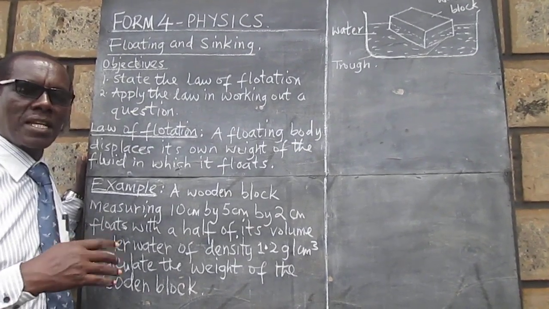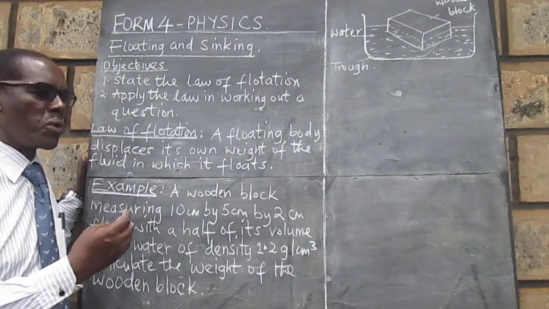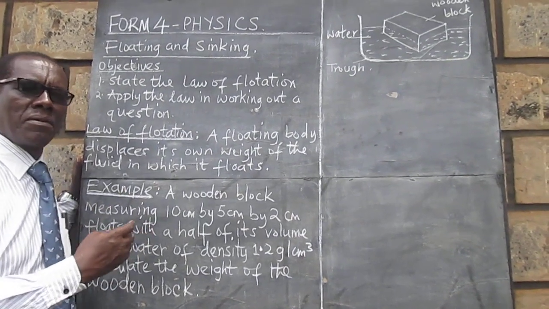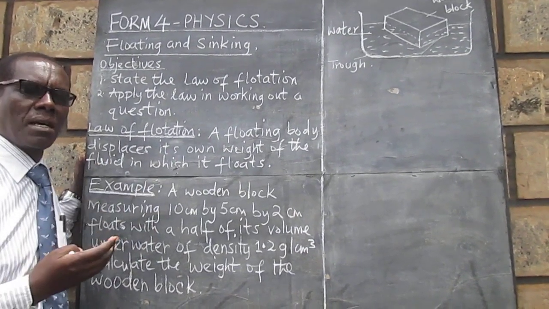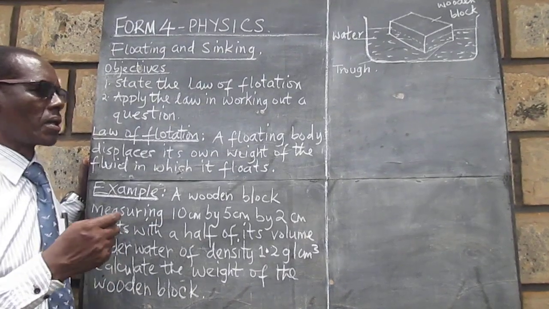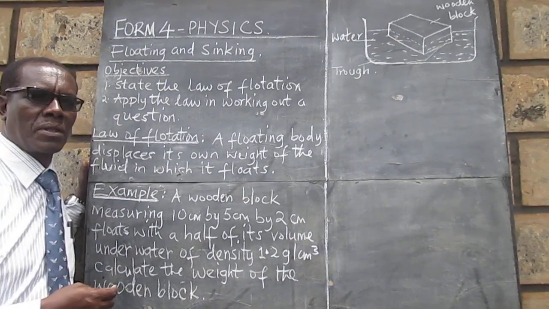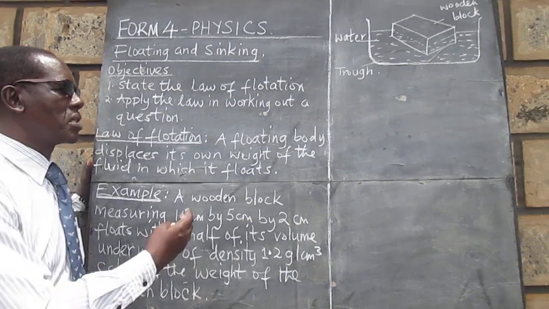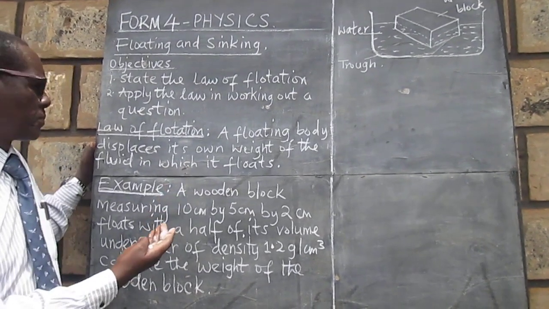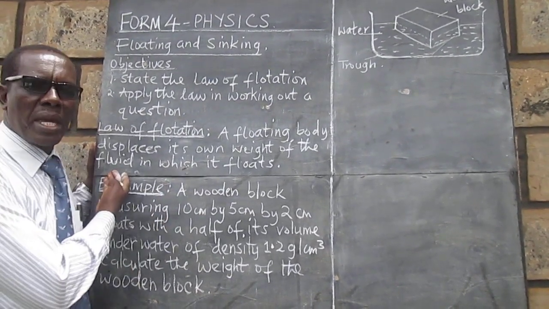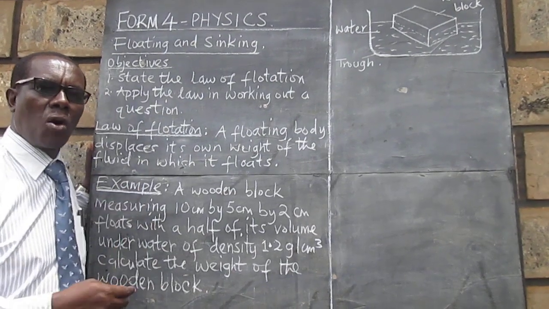And I've used water here as just an example. Objects can float in any liquid or even in a gas. So when we are talking about a fluid, we mean liquid or gas.